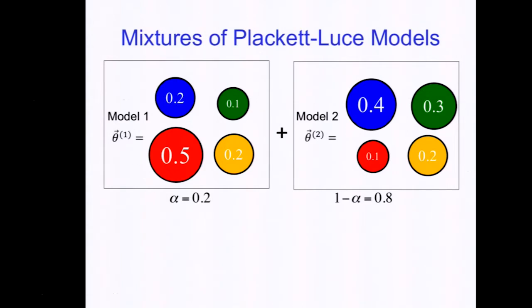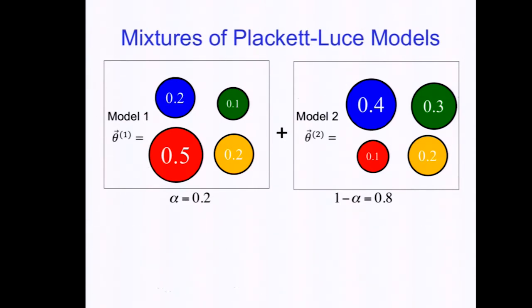And the mixing coefficients are 0.2 for the first model, 0.8 for the second model. Now, when you generate a ranking, you can flip a biased coin so that 20% of the time, you're going to generate a ranking from the first Plackett-Luce model. And 80% of the time, you're going to generate the ranking from the second Plackett-Luce model. That's how you generate a ranking in a mixture model.